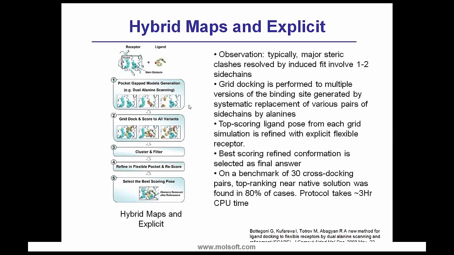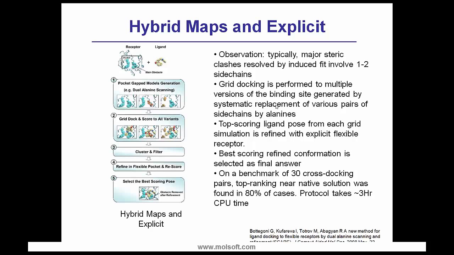Another method, for which there's an example online but I'm not going to show it today, is to use hybrid maps and explicit interactions. The observation in typical pockets is that maybe there's 1 or 2 side chains that clash that need to be resolved in the pocket.